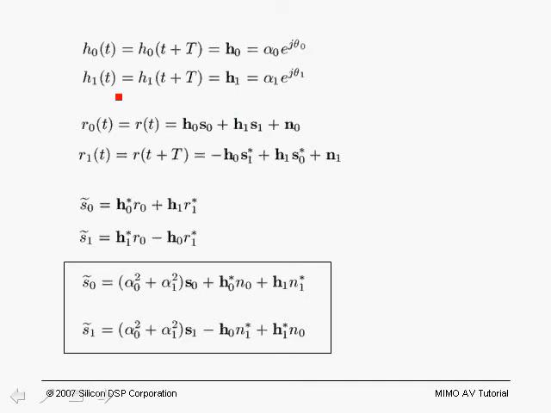The same holds true for the second branch from transmit antenna 1 to the receive antenna. And we have a complex number h1 which doesn't change during that period of T seconds. Given these assumptions, then r0(t) is equal to h0 S0 plus h1 S1 plus the noise.